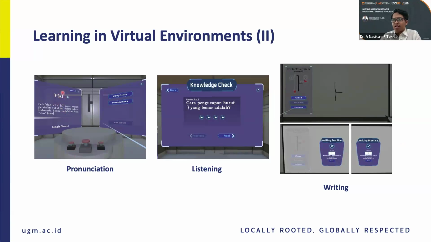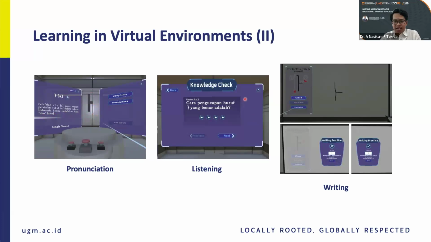So this letter is pronounced as A, like in Bahasa Indonesia. We describe how this character is pronounced, and we give an example. Let's say this character A is pronounced like the word aku in Bahasa Indonesia, like the A in aku. So this hopefully helps the student to learn.